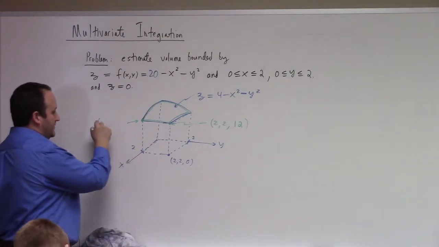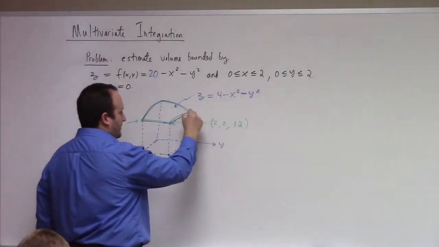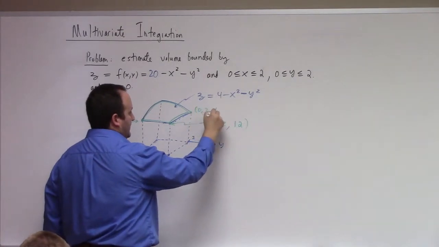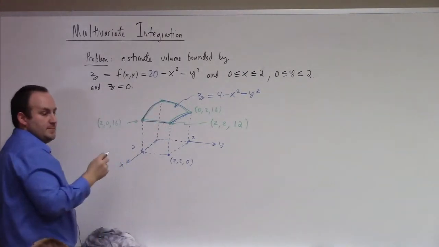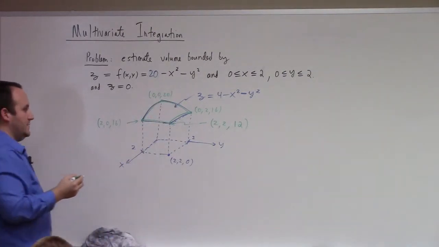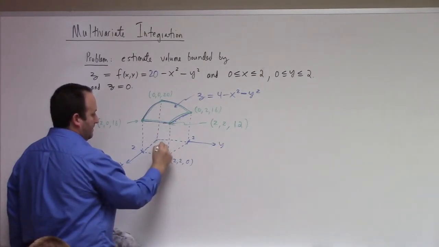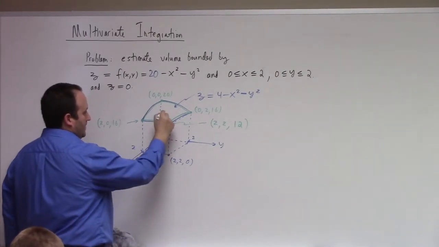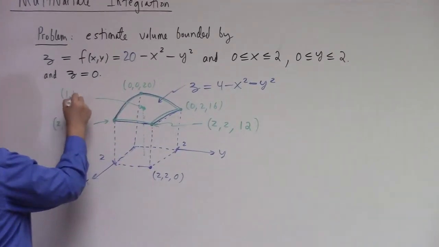That would be 2, 0, 16. And how about this point over here? Also 0, 2, 16, right? What's this point up here, the highest point? 0, 0, 20, right? And how about a middle point, right in the middle, right above this? 1, 1, 18. Very good.